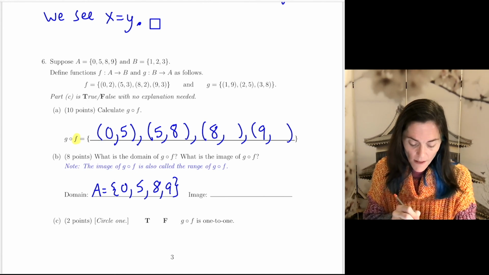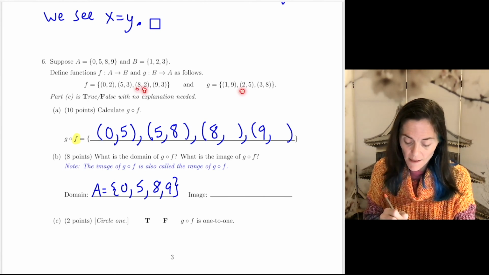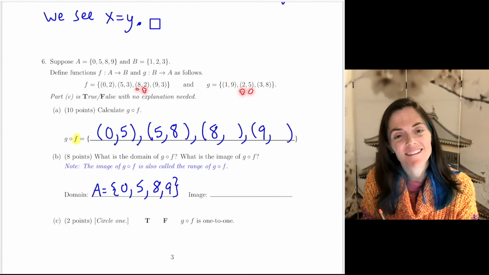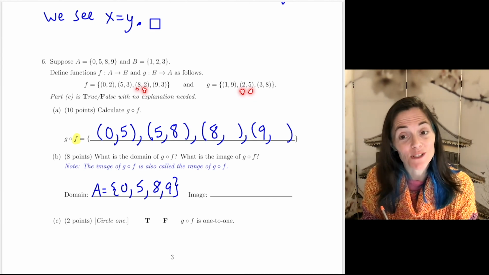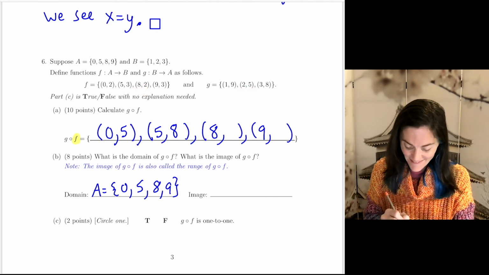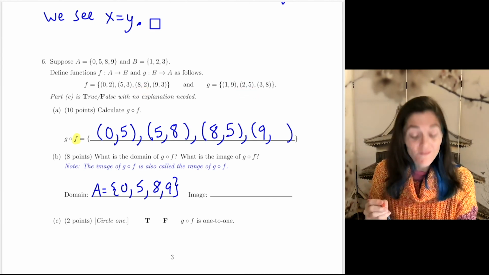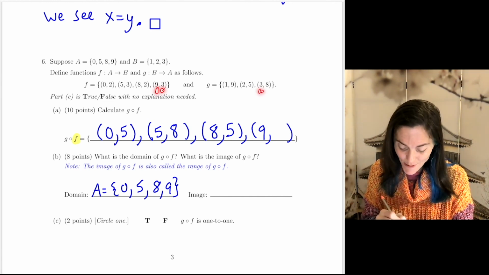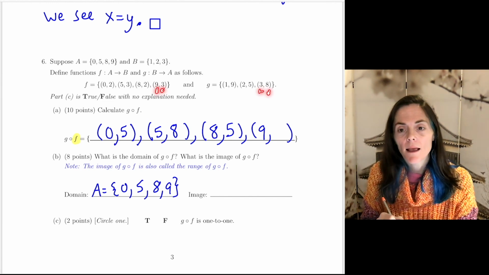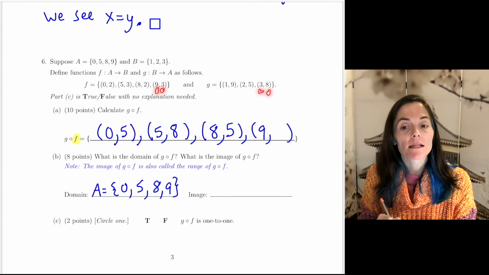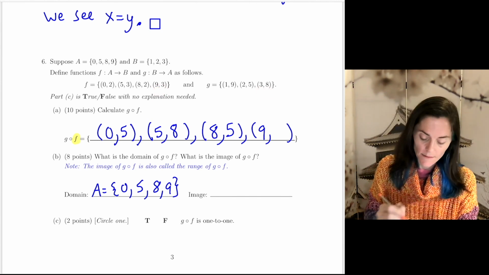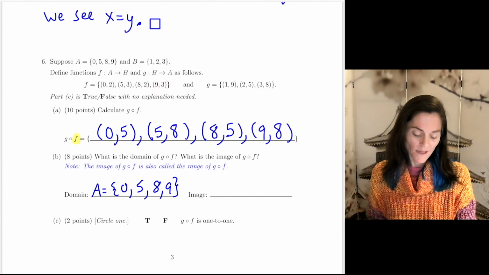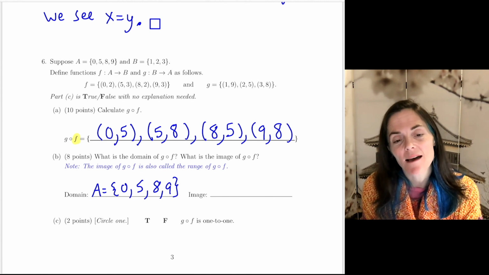In f, 8 maps to 2, and then here, 2 maps to 5. And so in the composition, 8 maps to 5. Finally, in f, 9 maps to 3, and here 3 maps to 8. And so in the composition, 9 maps to 8. Okay, so this is g compose f.